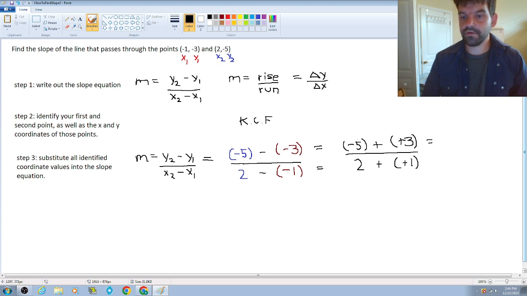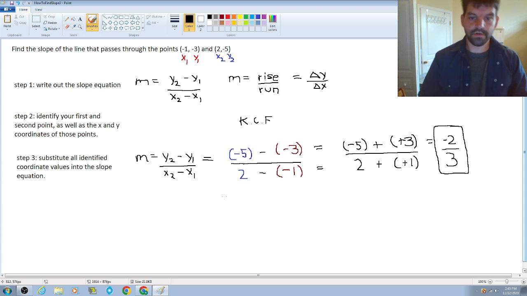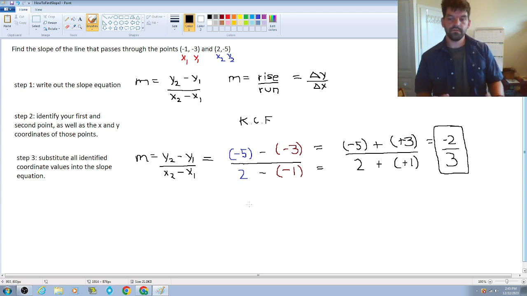So -5 plus +3 is -2, and then 2 plus +1 is 3. So that means that your slope is going to be -2/3.